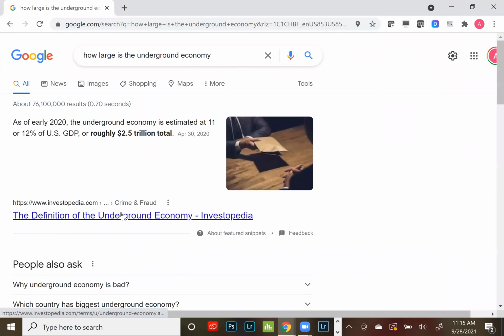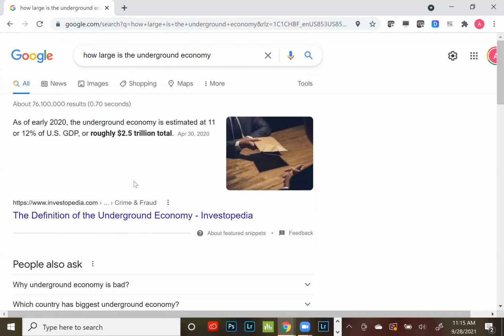Now, this is coming from Investopedia, which is a very reliable source. They're claiming that about 11 to 12% of our GDP is not being counted. So in other words, we're understating it, according to this, by about $2.5 trillion, which is being missed. Now, of course, that's just an estimate. Nobody knows that for sure, but that's what they came up with.